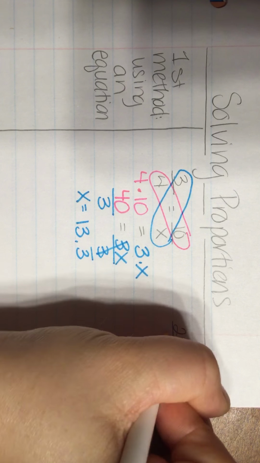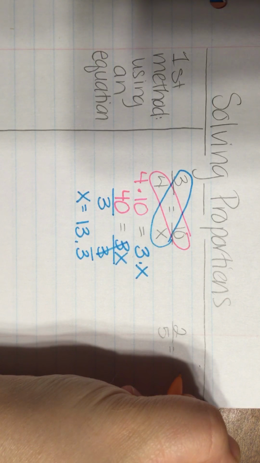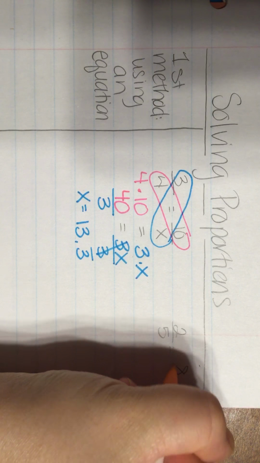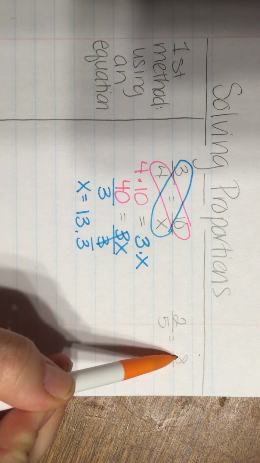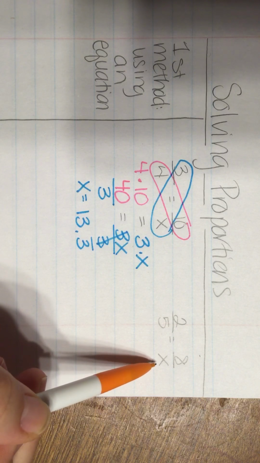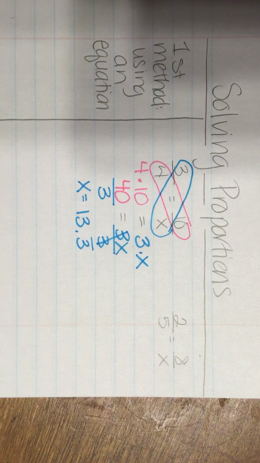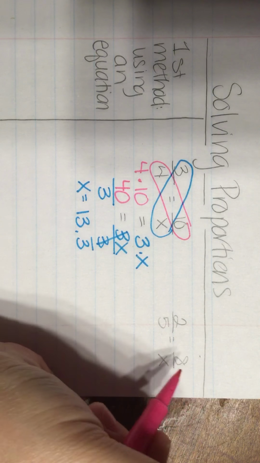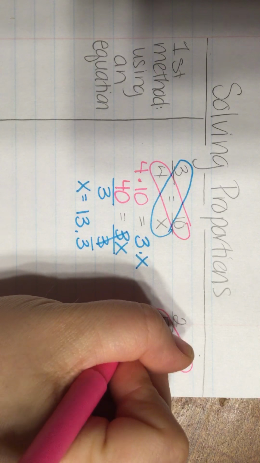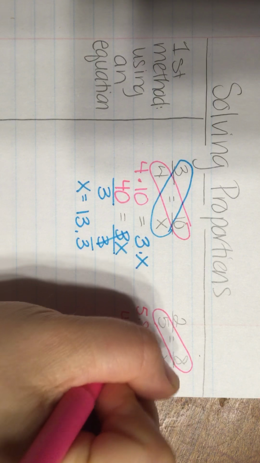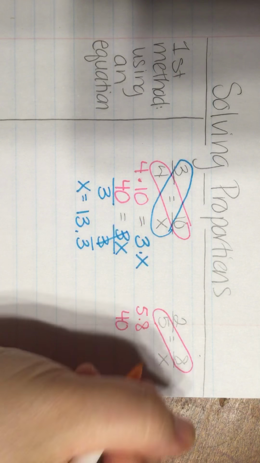I'm going to do 2/5 equals 8 over x. Now I know that this would be pretty obvious that you multiply 2 times 4 to get 8, so you multiply 5 times 4 to keep the equality, but that's why I did this one, just so that we can look at it really quick. So we're going to have 5 times 8, which is 40, and I did not plan that.